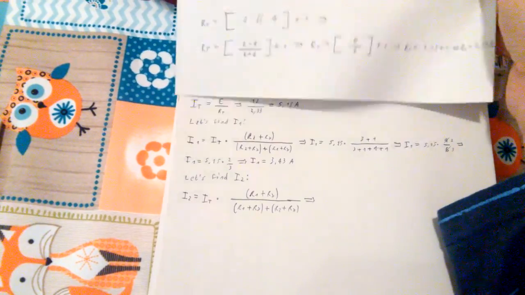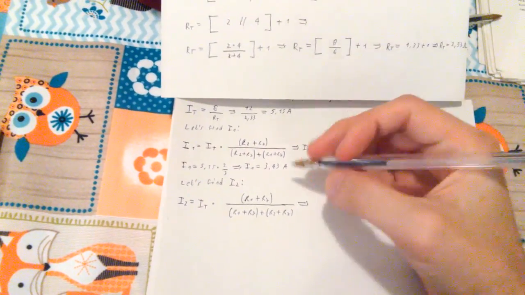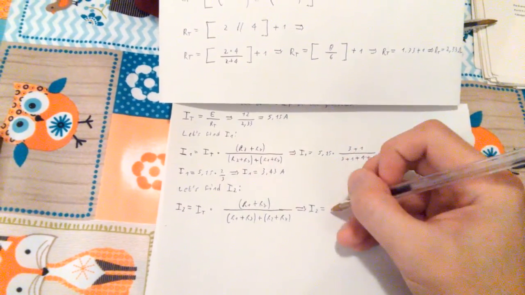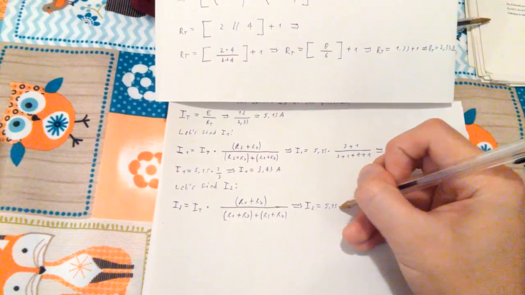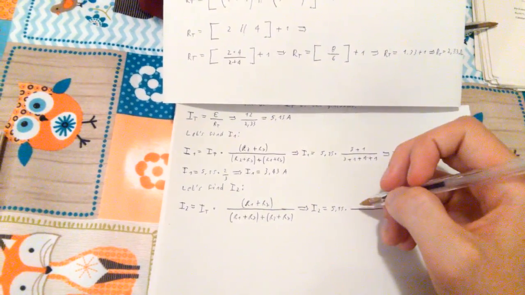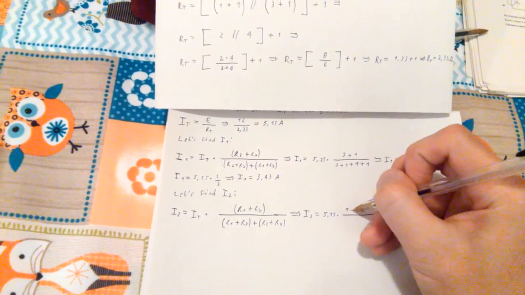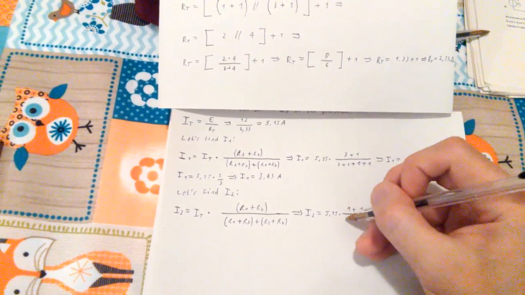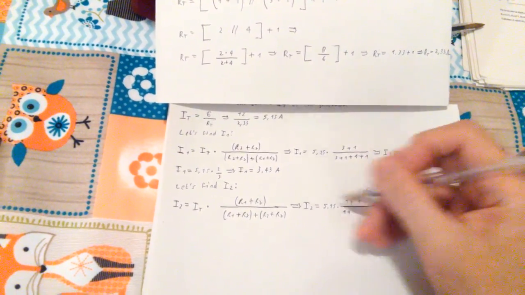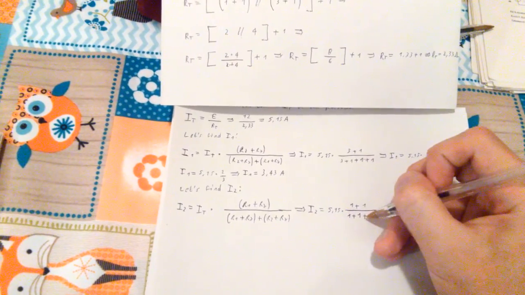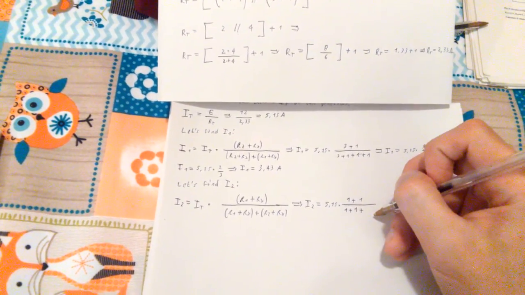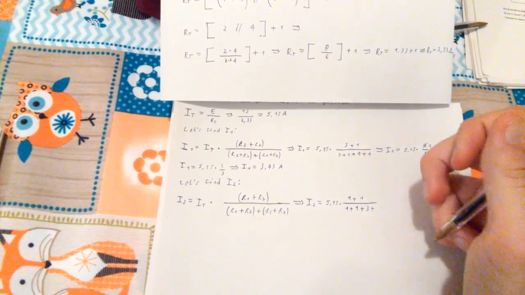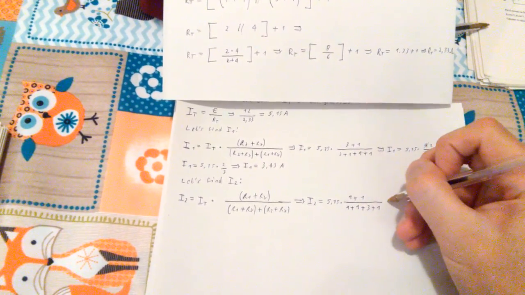So if we substitute, we get that I2 is equal to I of t, so 5.15 times R1, which is 1, plus RA, which is also 1, over R1, which is 1, plus RA, which is also 1 again, plus R2, which was and still is 3, plus RA, which is still 1.